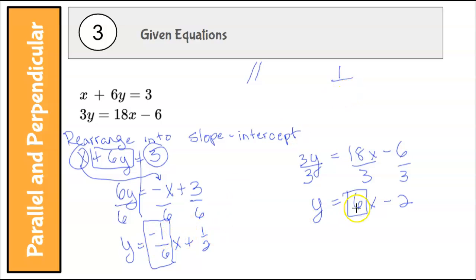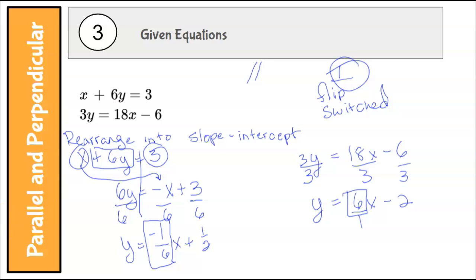The signs are switched. One's negative, one's positive. And they're flipped. Flipped and switched. So it is perpendicular. Because remember what I said, I could stick this over 1, it's still 6, and then the reciprocal is 1/6, and now they have opposite signs. So yes, they are perpendicular.